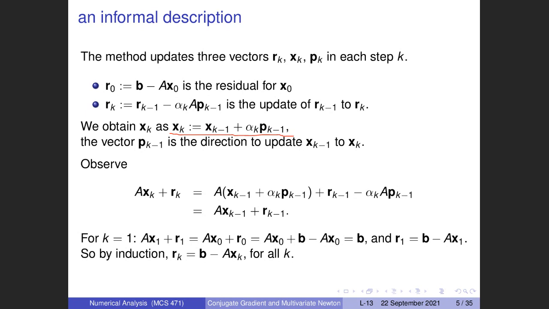If you substitute the definition of x sub k back in, and also use the definition for r sub k minus 1, the previous r vector, you see a very neat relationship between two consecutive r vectors.